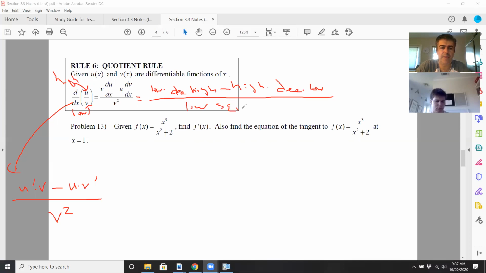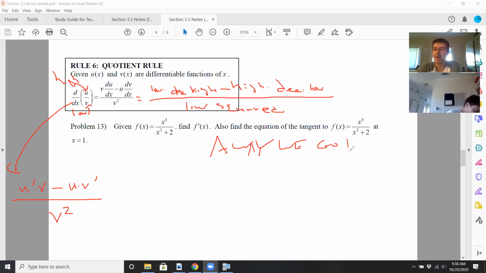over low squared. And so here's how the nursery rhyme works. Low d high minus high d low over low squared, and away we go. If you like that. So again, low d high minus high d low over low squared, and away we go. If that helps you to memorize it.